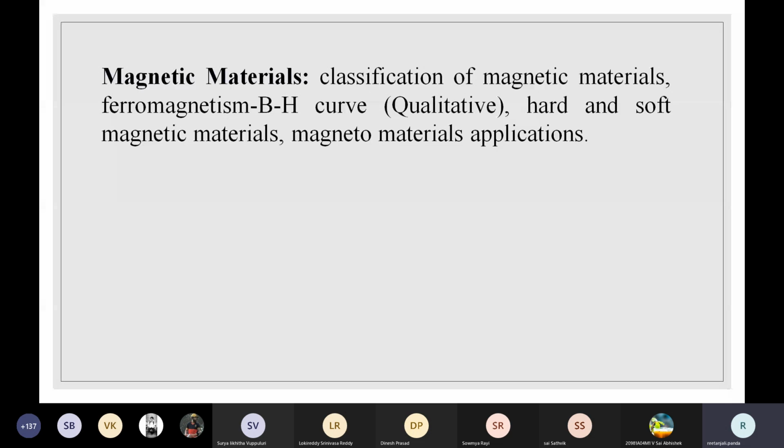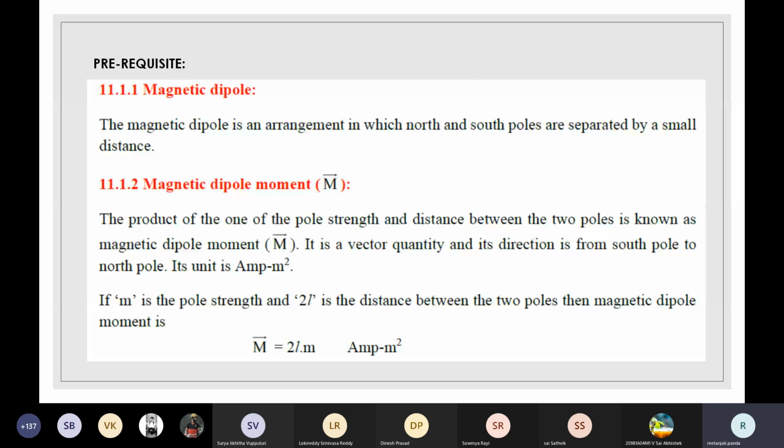So before going to learn about the classification of material, we should remember what is magnetic dipole and what is magnetic dipole moment. Whenever we are considering any material, take the atomic arrangement, Bohr's atomic model we know.